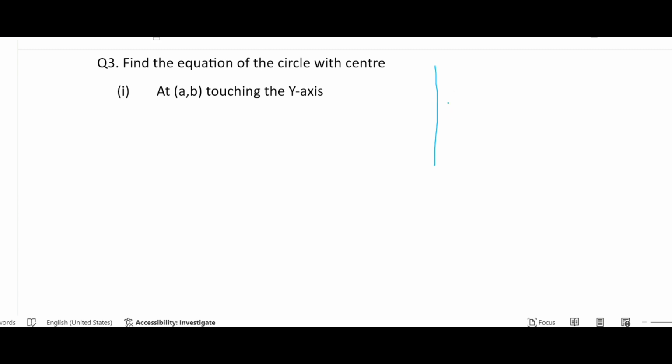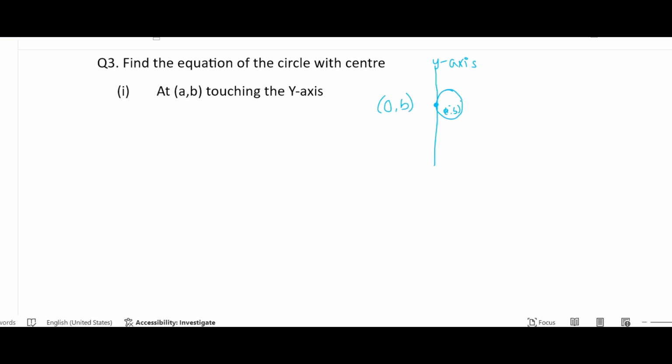Your circle is somewhat like this. This is the center of your circle, which is a comma b. This is your y axis. So this shows that at the y axis it will be touching this point at 0 comma b.